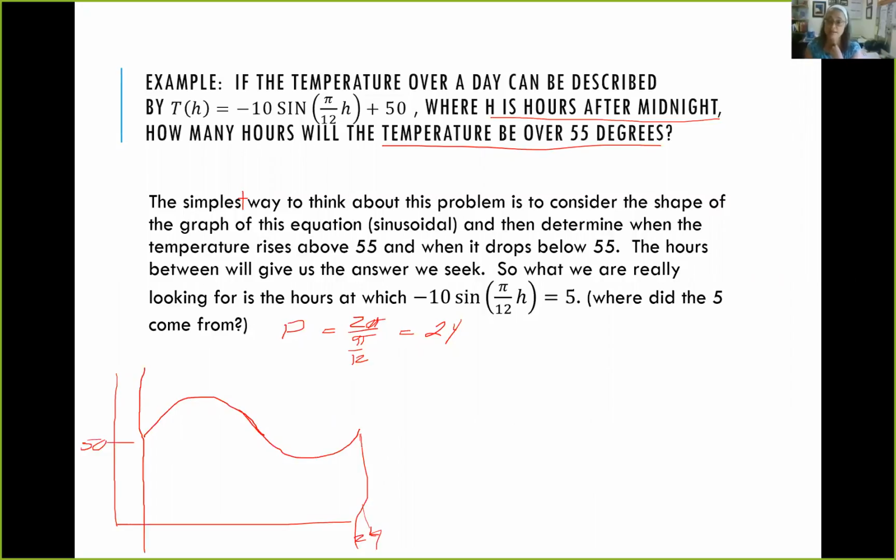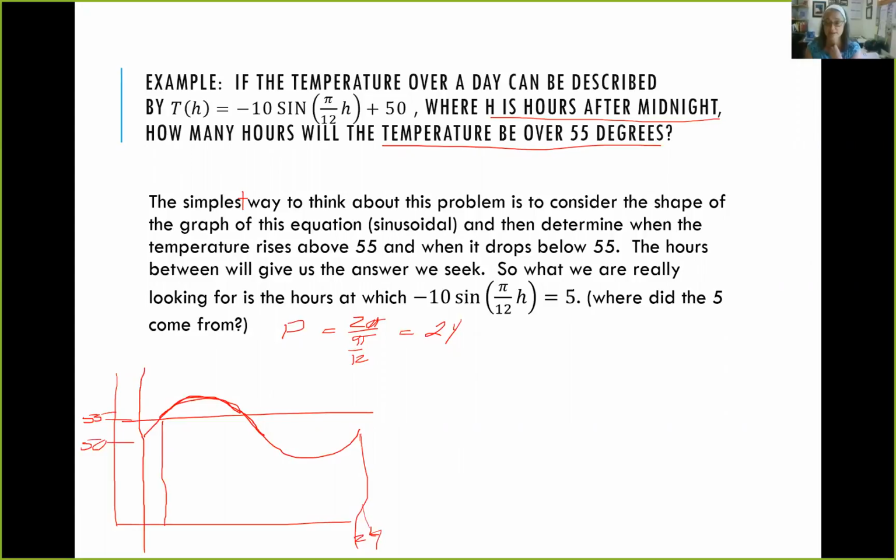So what I've done is I've moved the 50. What we're really doing here is solving the equation. So what we care about is this 55. We're trying to figure out how many hours this represents. Remember my x-axis is time.